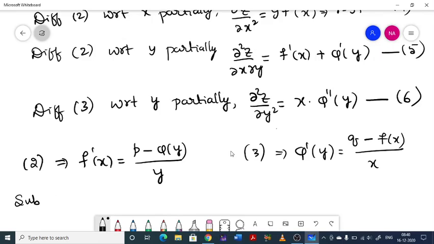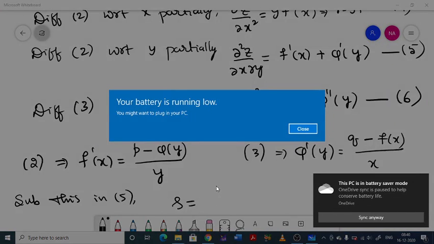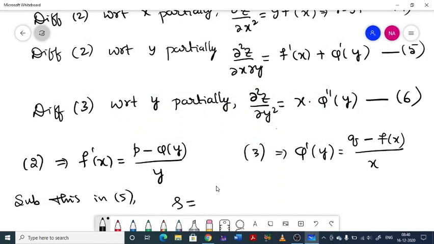Substituting this in equation 5, I'll get ∂²z/∂x∂y, which is s, equal to f'(x) plus φ'(y), that is p minus φ(y) divided by y plus q minus f(x) divided by x.